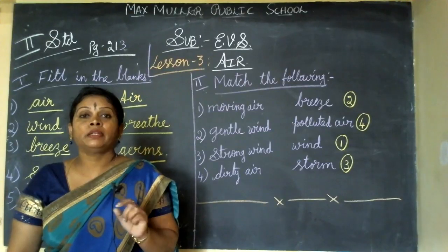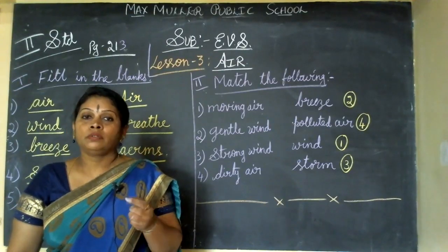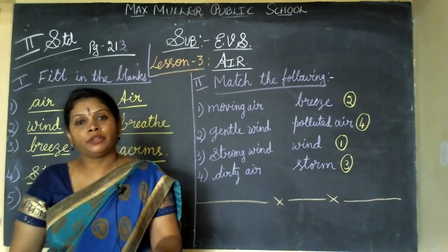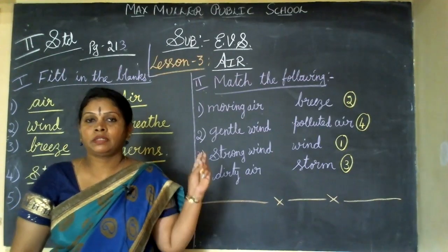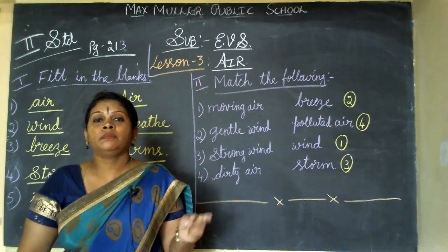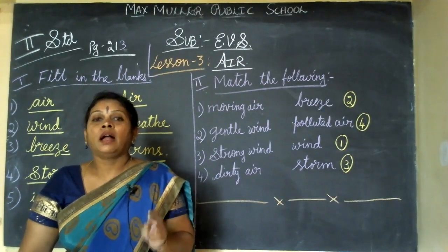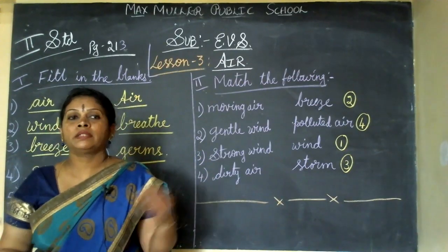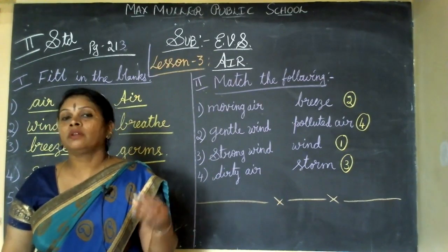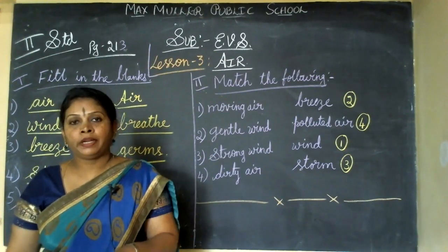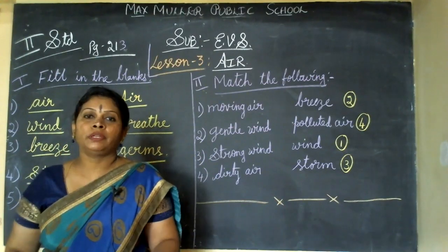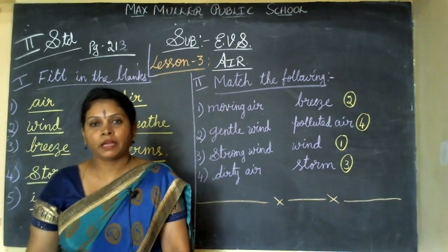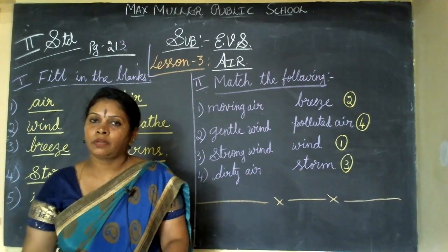How you were writing in offline classes, you are using the classwork the same way, continue with the next chapter, that is air. Previous chapter, animals and their uses, you had finished. After that, start with a fresh page, lesson number 3, and then when I send it, you will get the PDF, copy down the notes, and on Friday, you have to bring and submit here for correction, get the books corrected, and you can study.